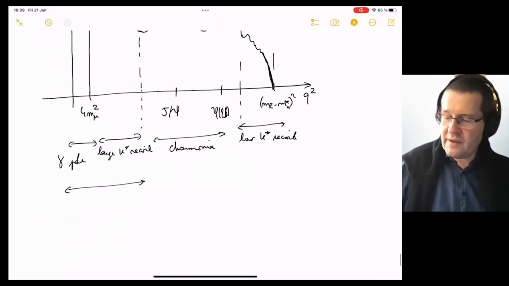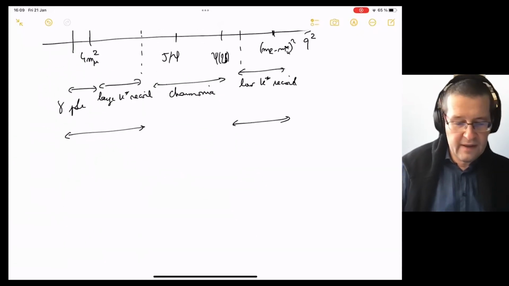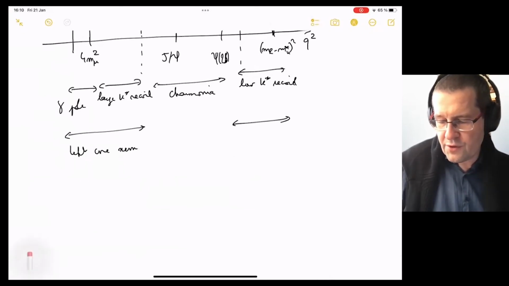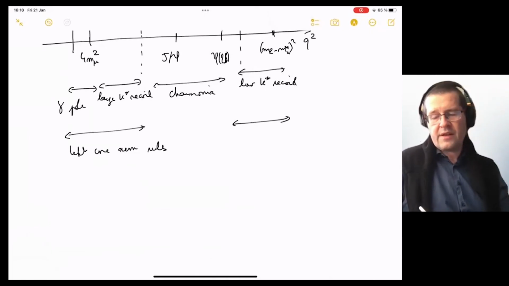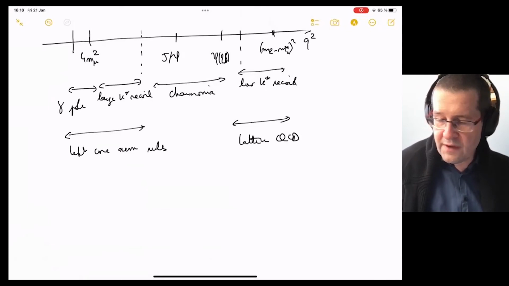So these are typically the regions that I already discussed, which are related to two different tools in order to tackle the form factors. Light-cone sum rules on one side, lattice QCD on the other side.